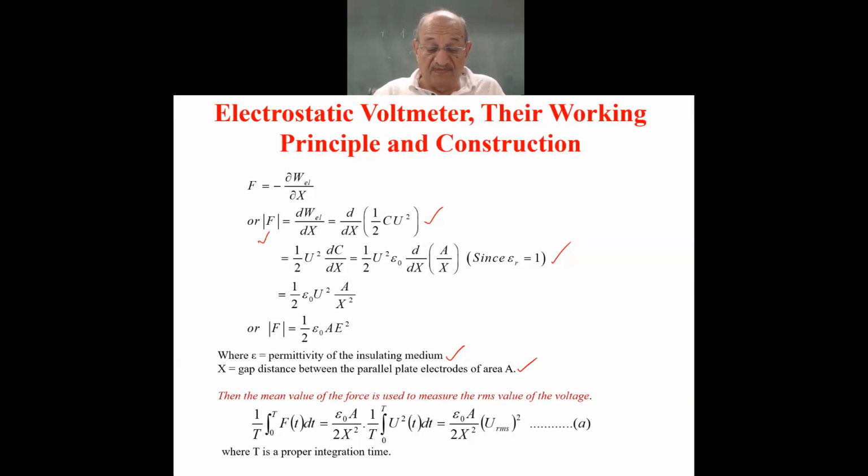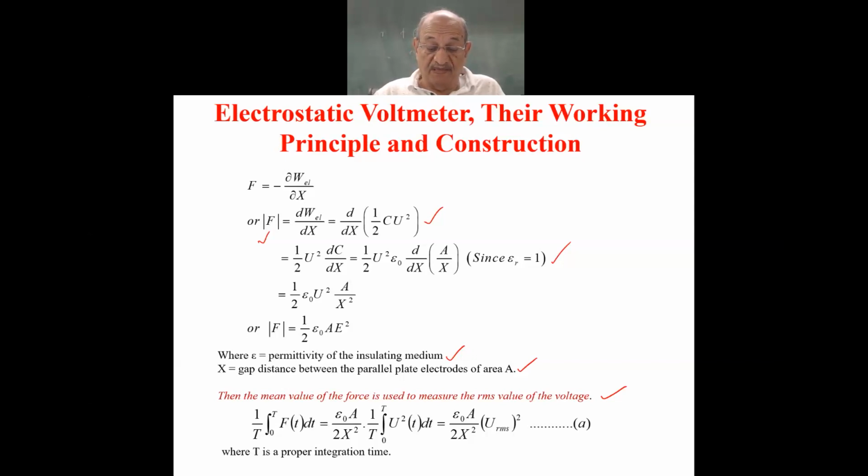So the mean value of the force is used to measure the RMS value of the voltage, because you are doing the theoretical calculation here to determine the mean value of the force, and that will depend upon the RMS value of the voltage.